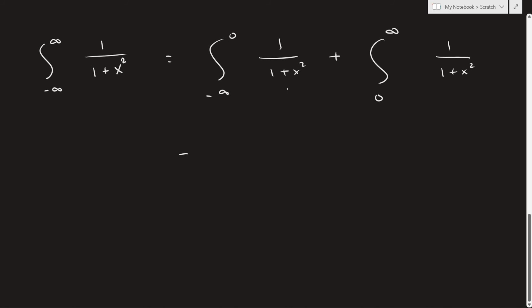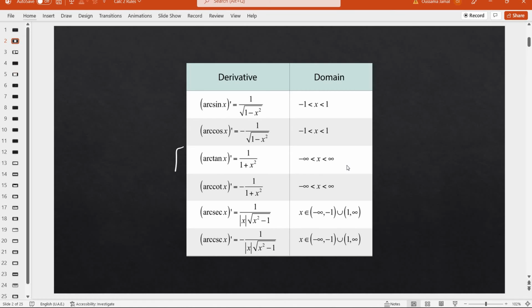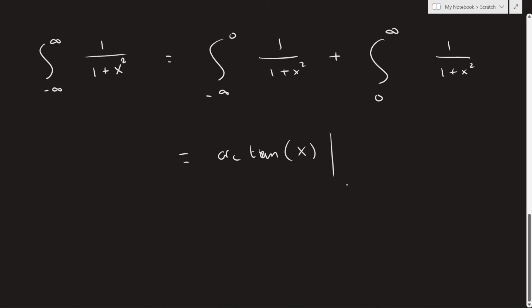And then we find the integration. So the integration of 1 over 1 plus x squared is arc tangent. Okay, so arc tangent between negative infinity and 0 plus also arc tangent between 0 and infinity. So if you replace here, I will do.